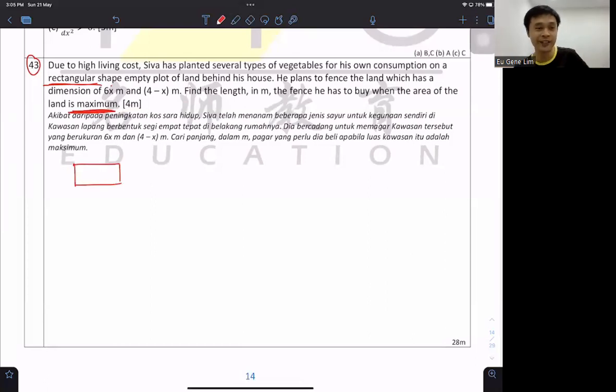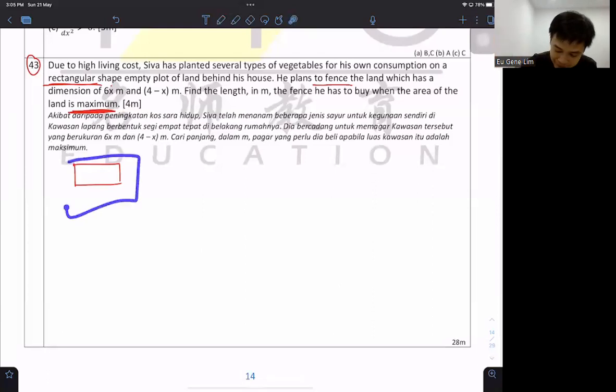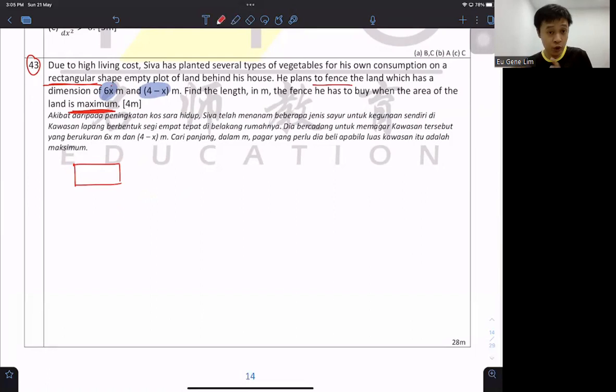He plans to fence the land, which has a dimension of 6x and 4 minus x. So you label up, here is 6x, here is 4 minus x. Find the length of the fence, meaning find this fence.